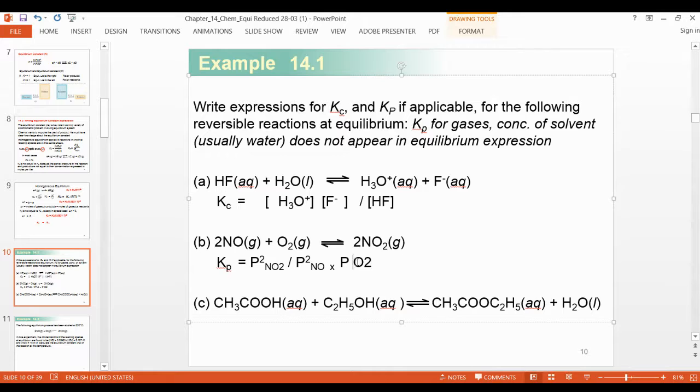So O2 will be down, and now there is a 1 we can write on the top, but we never write it, I am showing 1 here like this. So you will not write 1. Never write it in a chemical equilibrium or chemical equation. So now this is clear, how to write Kc and how to write Kp.